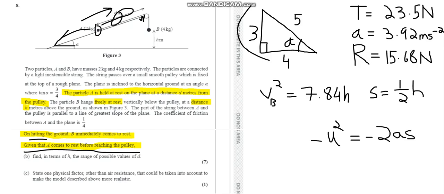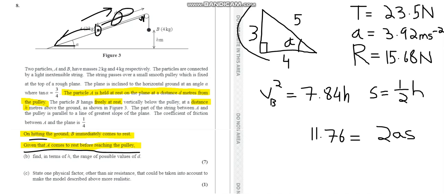You can use your u value as 2g sine alpha, because that was the friction force we were considering first. There you go, 11.76. So 2g sine alpha is 11.76. Just cancel these negative signs out, and we have 11.76 equal to 2as.